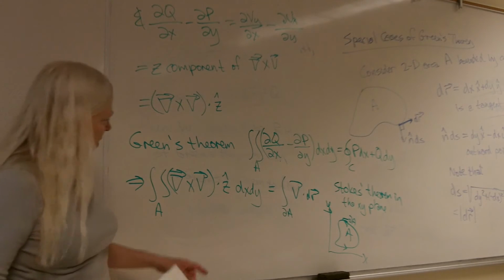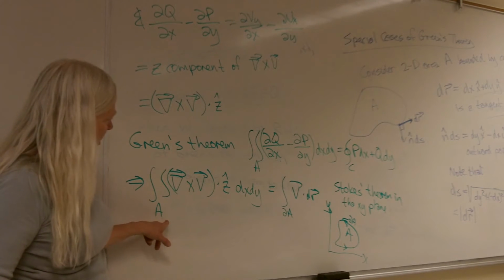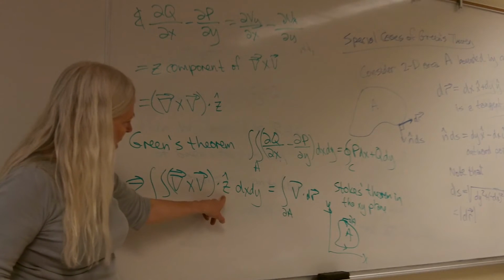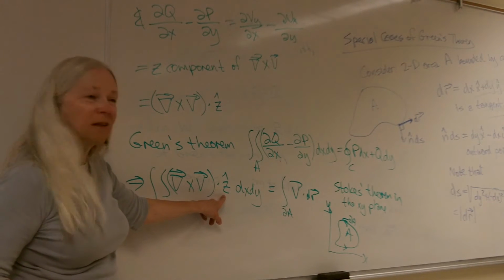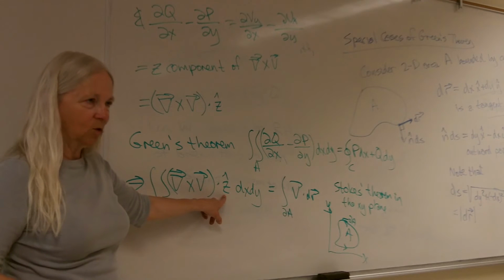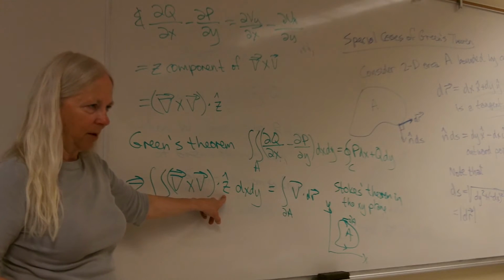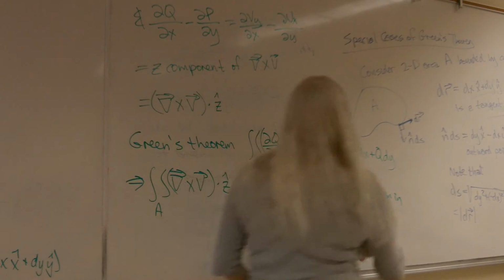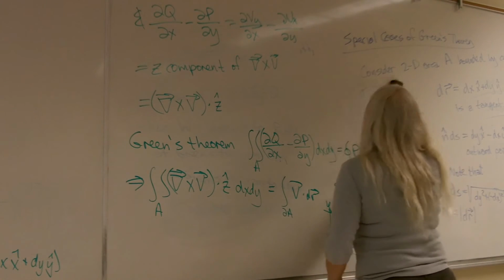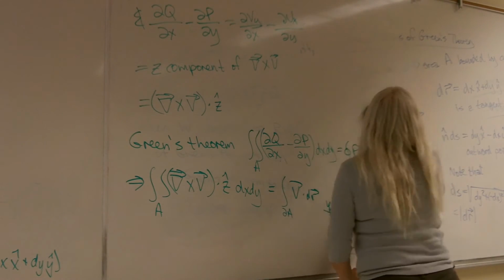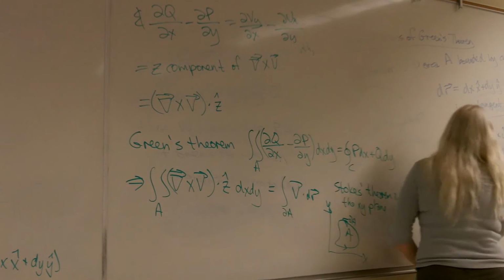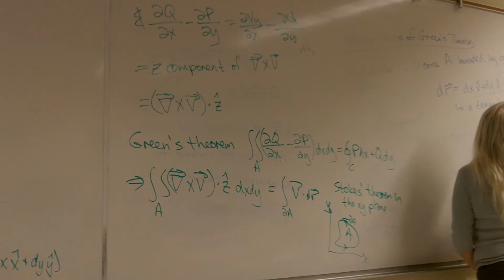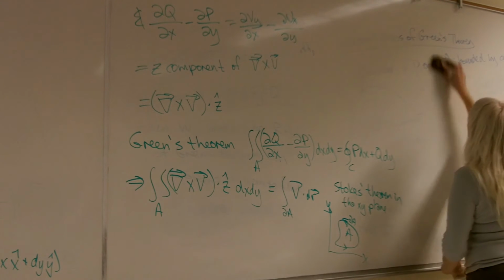And notice that when we're integrating over that area in the plane, we're taking the curl of v and dotting it into a unit vector that is at right angles to that area in the XY plane. So we can generalize this one too, not to 3 dimensions like we did for the divergence theorem, but we can generalize it to a surface that doesn't necessarily have to be found in a plane.